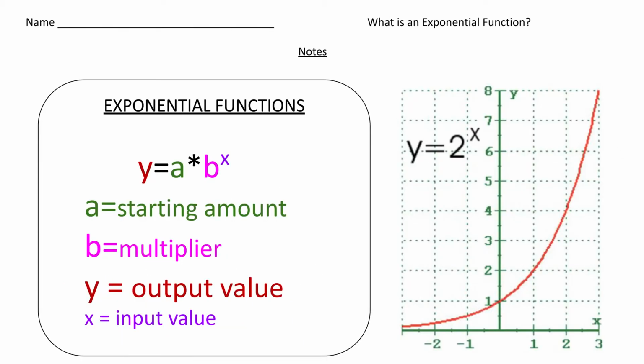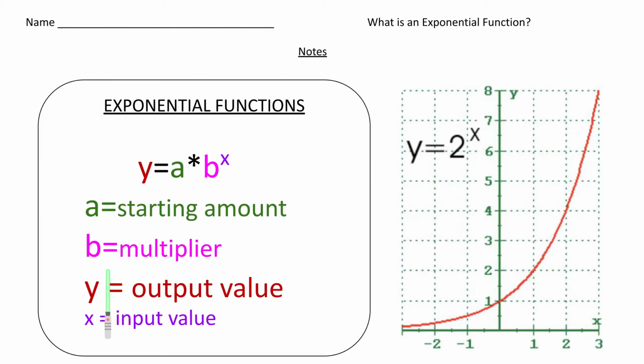Well, now we're going to talk about exponential functions. So an exponential function kind of looks like a really cool slide. And the general equation for an exponential function is y is equal to a times b to the x power, where a is your starting amount, how much you start off with on day one.